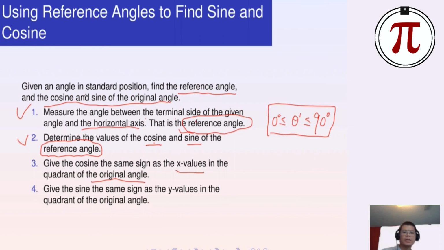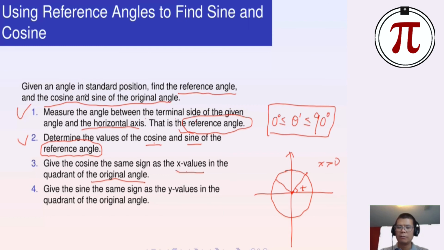For the cosine, you give the same sign as the x values because, as we know, in a unit circle, if the original angle is in the first quadrant, then x is positive.